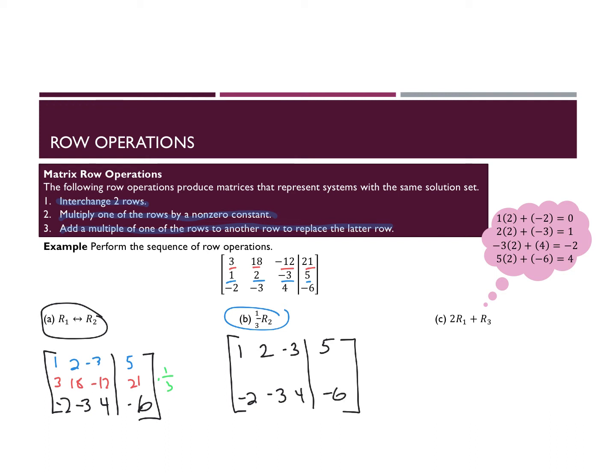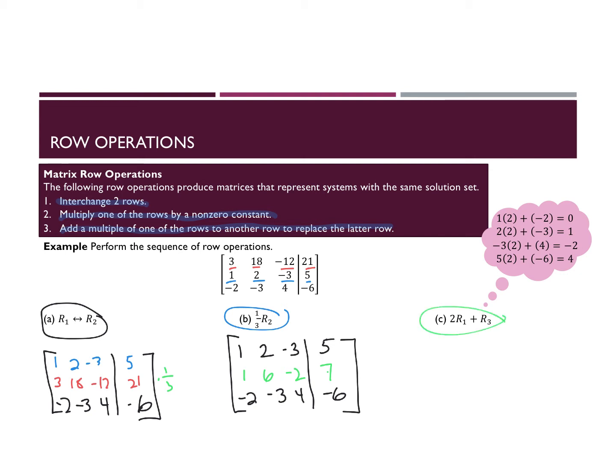And notice we're going to take 1/3 of row 2. So it's like we're going to divide each of those elements by 3. So 1/3 of 3 is 1, 1/3 of 18 is 6, 1/3 of -12 is -2, and 1/3 of 21 is 7. And that's it.